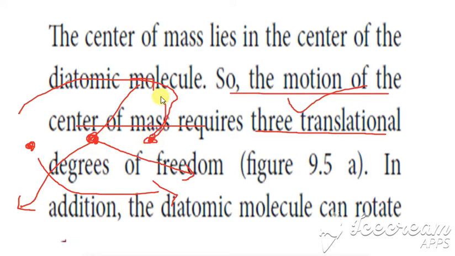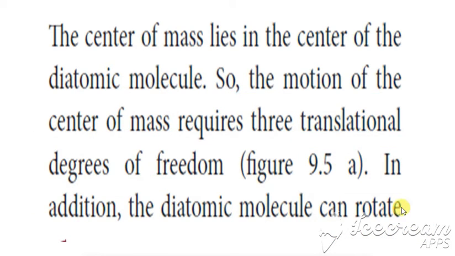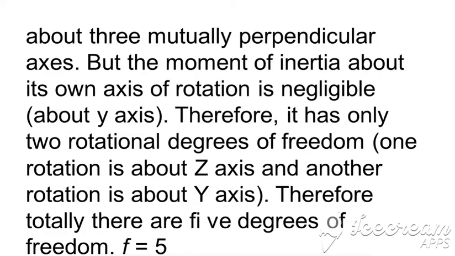It can move from one place to this place and again from this to this. So there are 3 translational and 2 rotational. So 3 plus 2 rotational is equal to 5 degrees of freedom for the diatomic molecule at normal temperature. The degrees of freedom is 5, since we are having only 2 rotational degrees. Yes, clear with this?